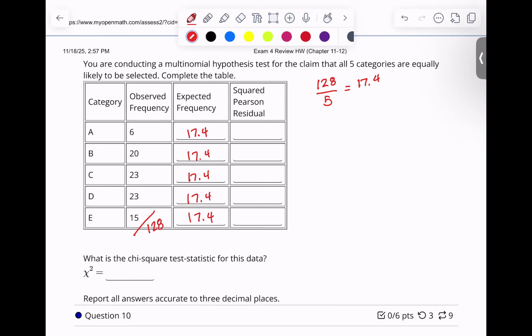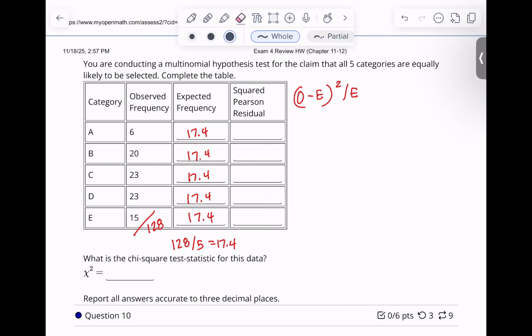Okay, now to calculate the squared residual, I need to make some room here. So let's write this down here. 128 divided by 5 is 17.4. So we take O minus E, we square that, and we divide that by E. So that first one, we'll just do the first one, and then I'll leave you to do the rest of them.